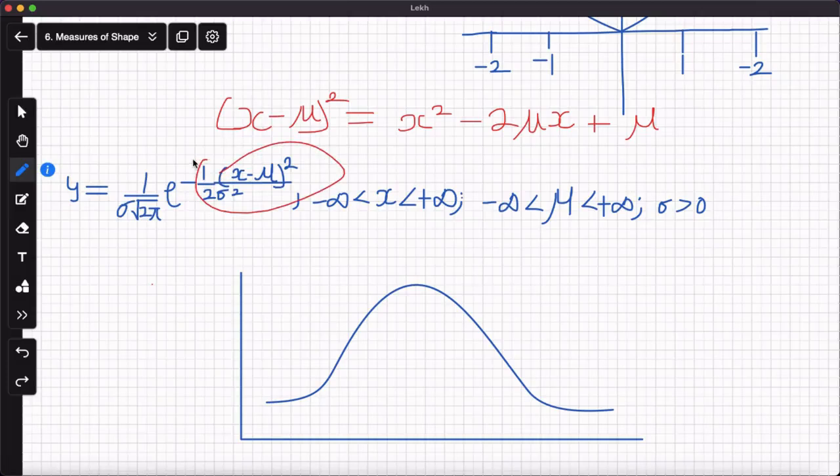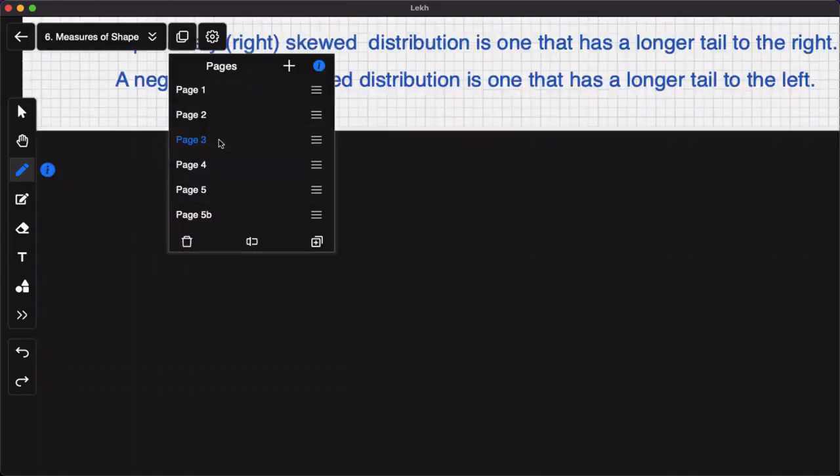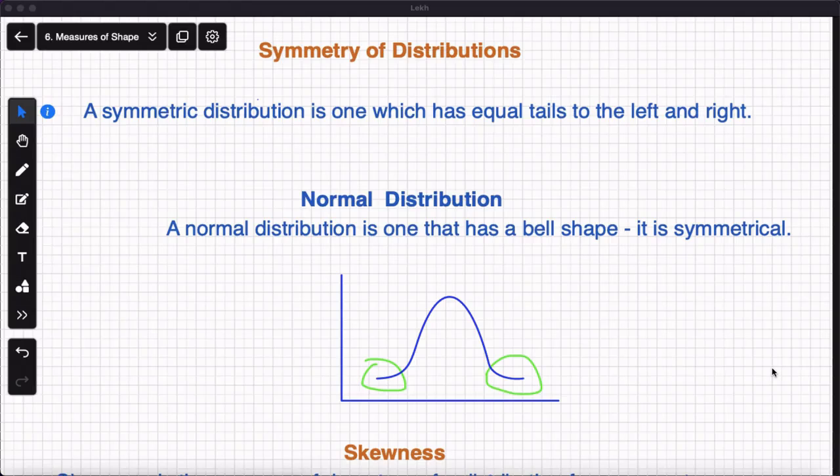So it's going to have a shape that looks like this. This is actually the distribution function of a variable that follows a normal distribution, when it is represented mathematically.